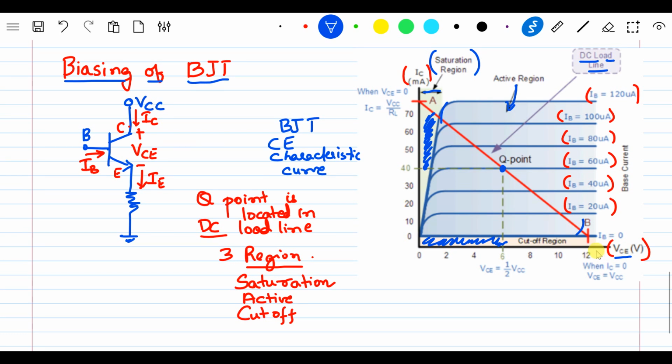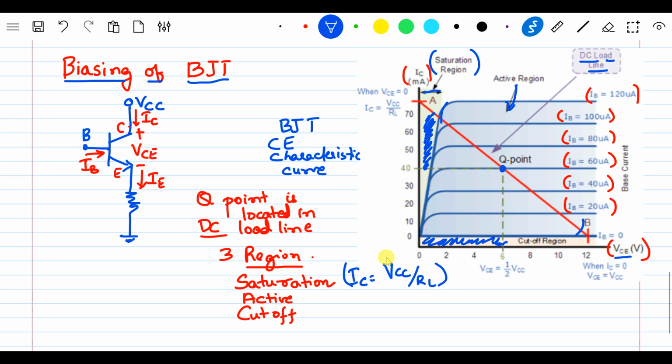Now there are conditions where your transistor reaches saturation, and where your transistor reaches cutoff. When your transistor reaches saturation, the collector current IC will be equal to VCC by RL. This is the maximum current IC that you are able to achieve when any biasing of BJT is done for a common emitter configuration.